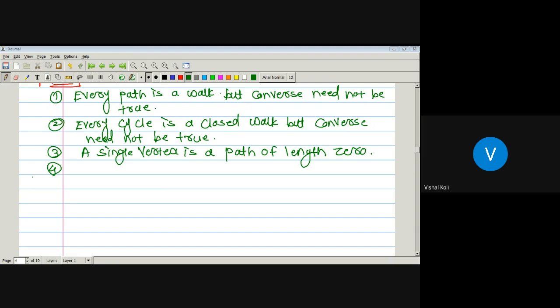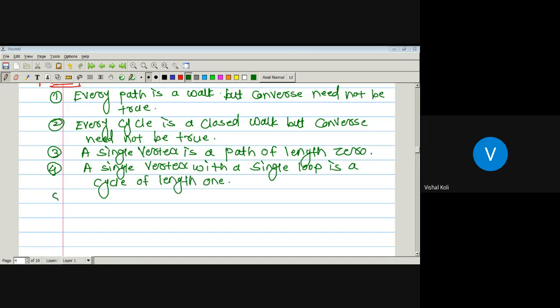Is any single vertex with a single loop on that vertex a cycle? Yes, sir. As it is a cycle, it must be a closed walk also. So a single vertex with a single loop is a cycle of length 1.